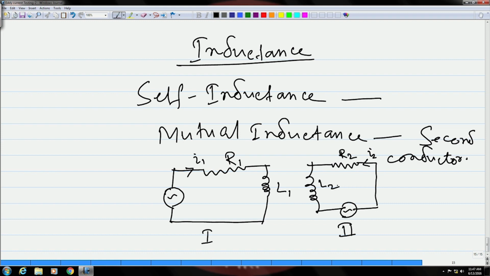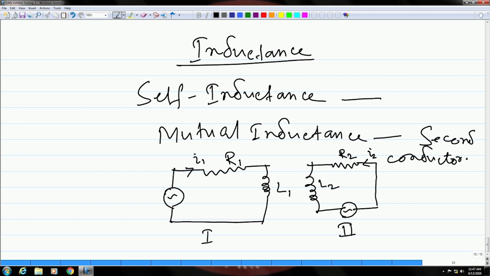So, these two conductors, when you bring them together, will have a mutual inductance effect on each other. Okay. So, conductor 1 will induce some current on conductor 2, and conductor 2 in turn will induce some current on conductor 1. Okay.